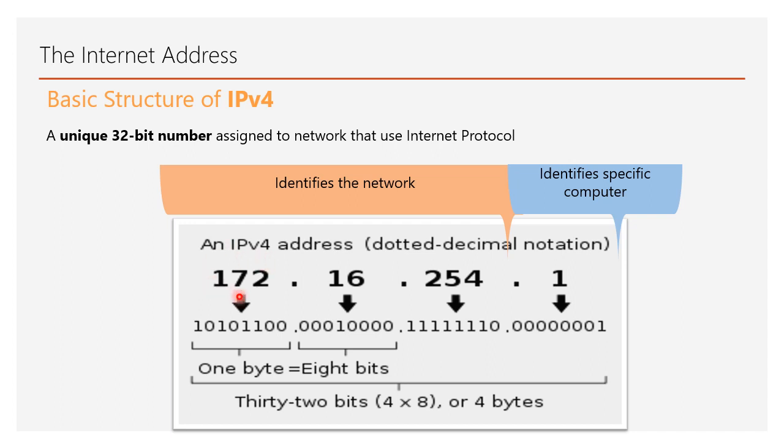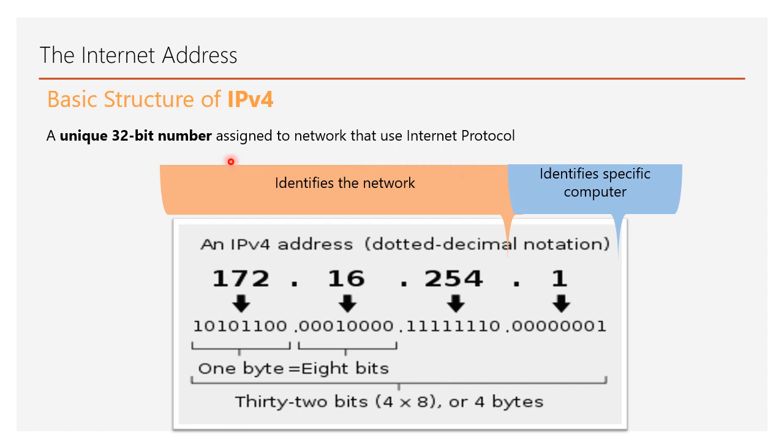Each group of the number consists of 8 bits of binary digits or 1 byte. So if we have 4 groups of numbers, totalled up it is a 32-bit number for one IPv4 address.